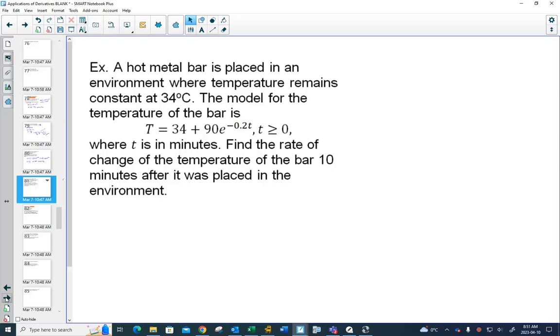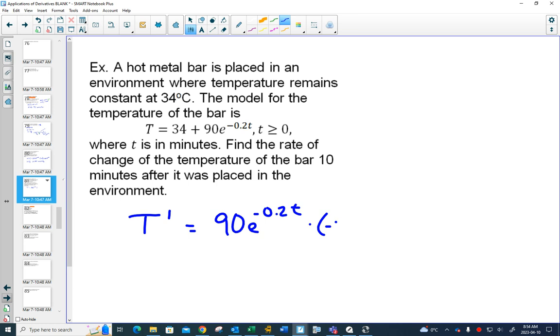Again, I'll get you to start this one and try this one on your own. I'll put the answer up in a second. So there's our derivative.